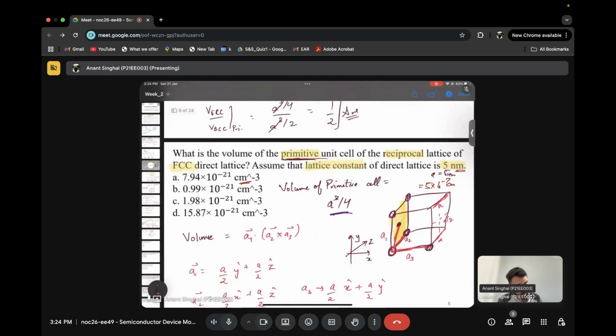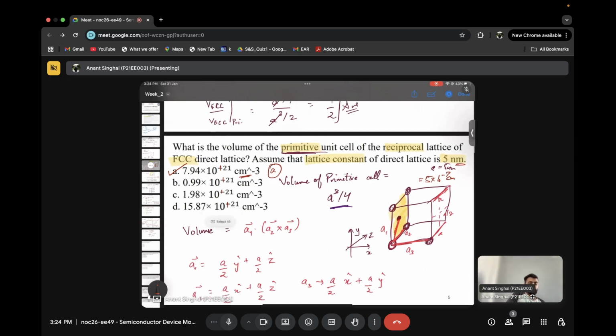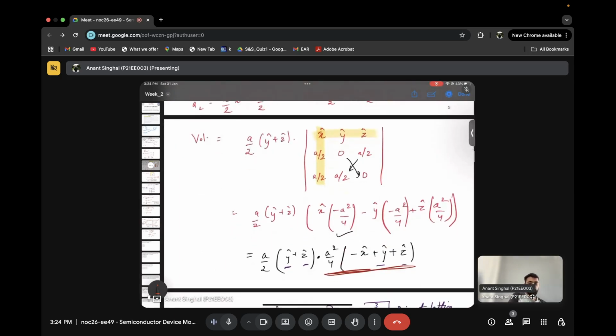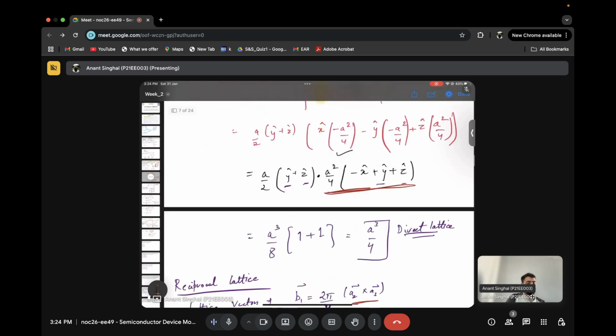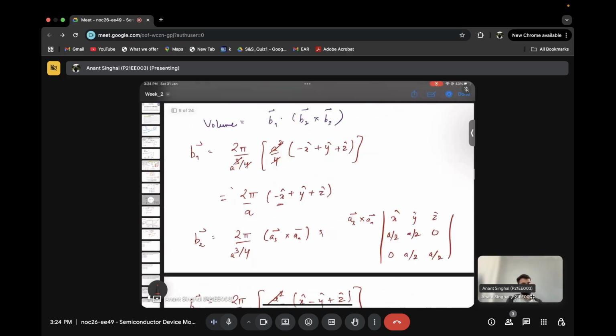Yeah, so 7.94. Oh, so this should be plus 21. They have written it wrong. The correct answer to this problem is option A. So is this clear? Are you all able to understand how we have calculated the volume of the reciprocal lattice and the direct lattice?